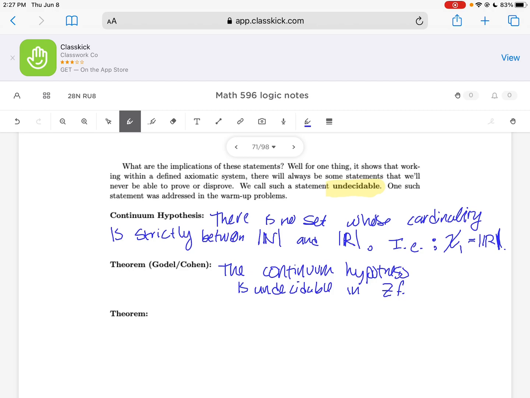There's another, I think this is also Gödel, another important theorem which is undecidable is called the well-ordering theorem. So the well-ordering theorem is just a theorem that states that every set can be well-ordered.